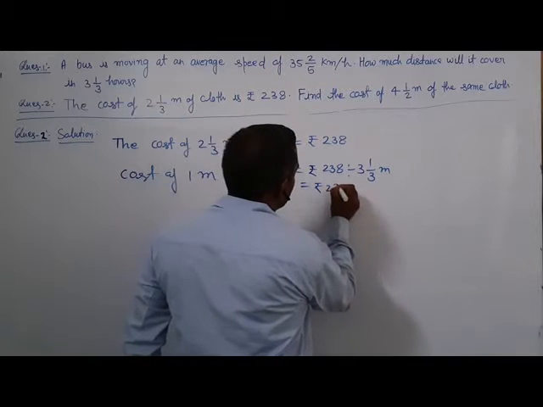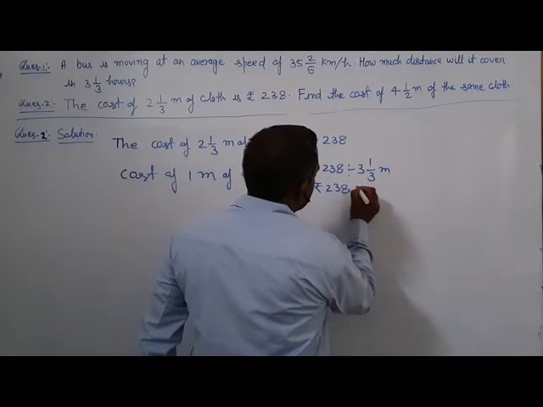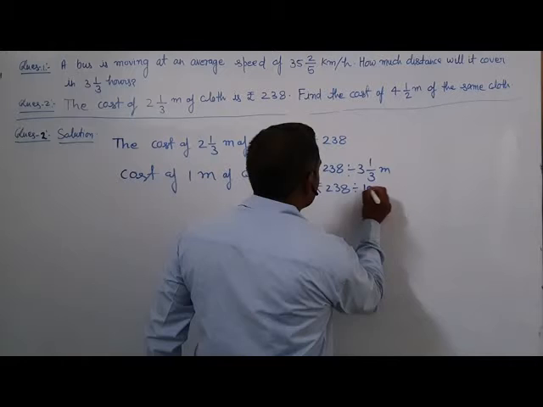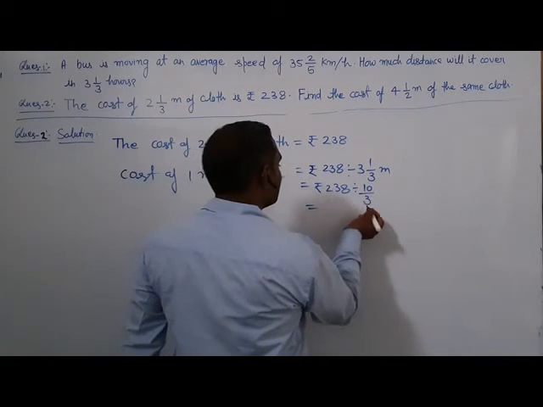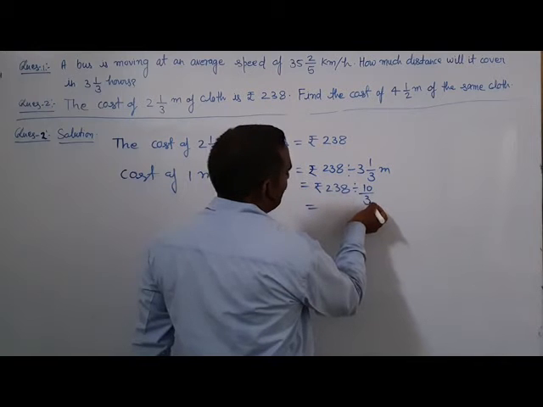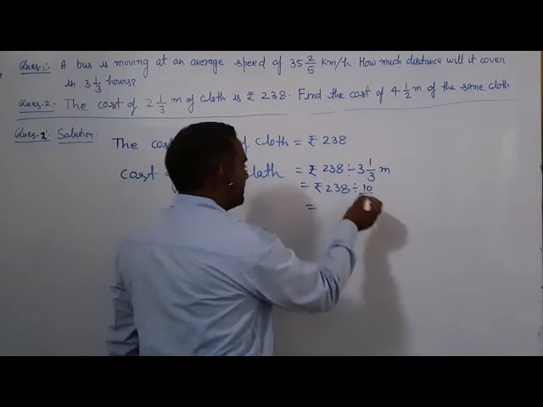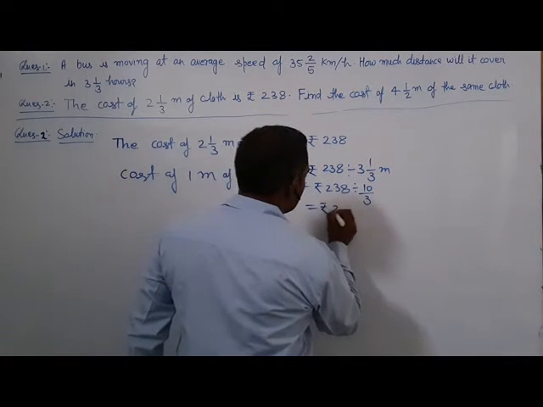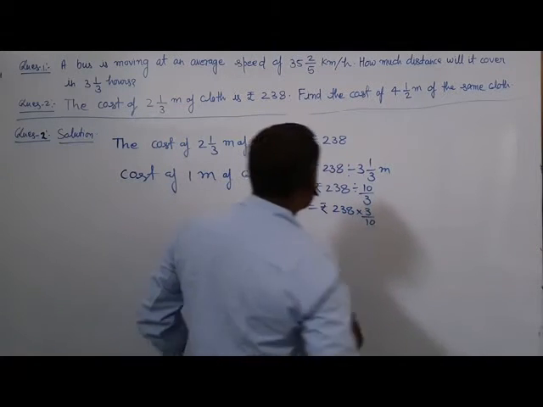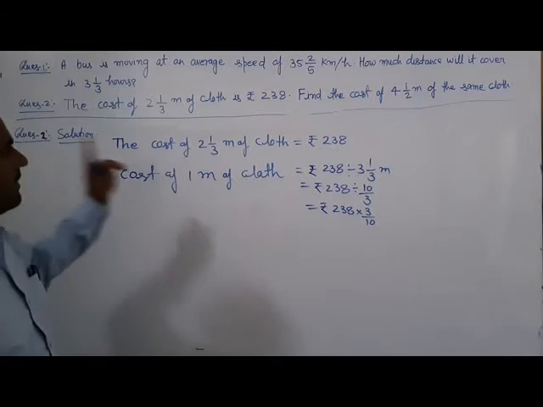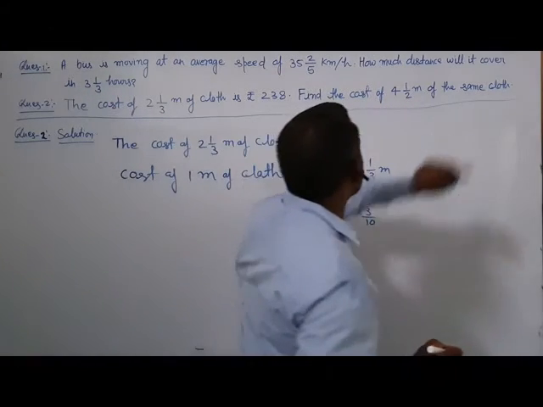Rupees 238 divided by 7/3. You know that division converts into multiplication, and the denominator converts into numerator, numerator converts into denominator. Rupees 238 into 3/7. This is the cost of 1 meter, and you have to find the cost of 4 1/2 meter.